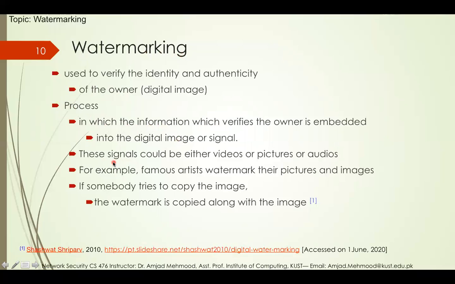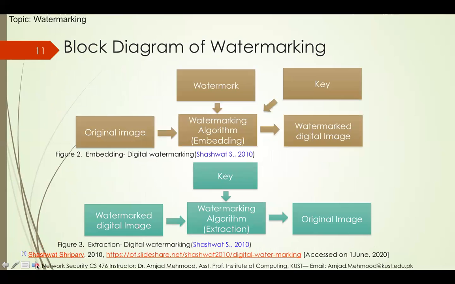These signals could be video, pictures, or audio. For example, famous artists watermark their pictures and images. If someone tries to copy the image, the watermark is copied along with the image. So later on, you can verify who is the author or who is the owner of this picture.